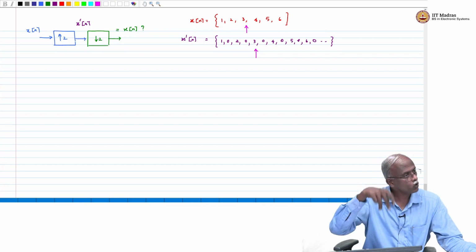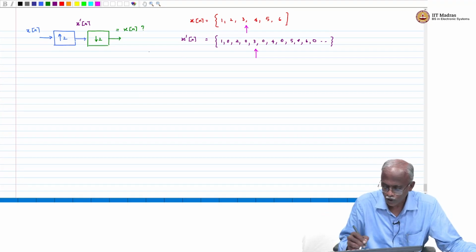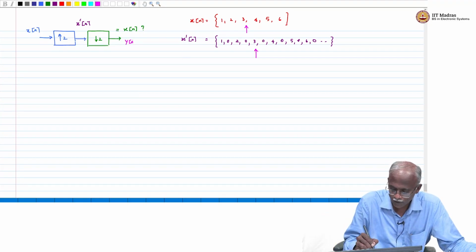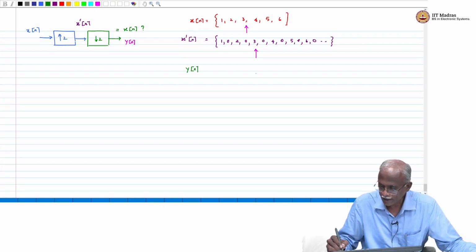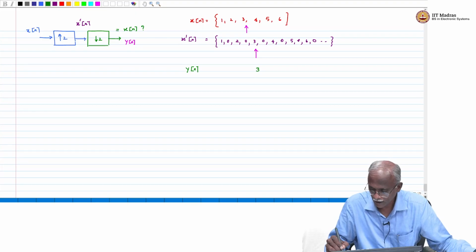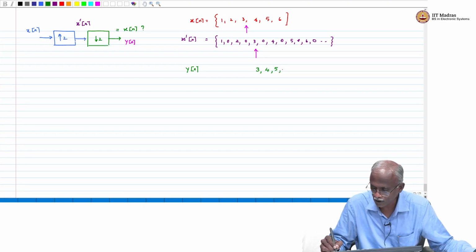Now go to the next step, downsample by a factor of 2. That means you are going to throw away every alternate sample. So let us call this output y of n. y of n will retain the sample number 3, throw away the next sample which is a 0, retain the next sample, throw away the next sample, and so on.